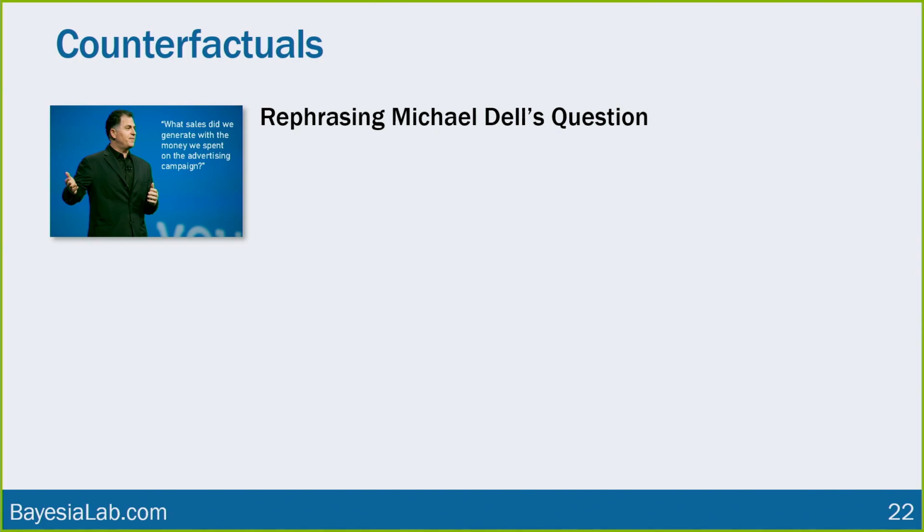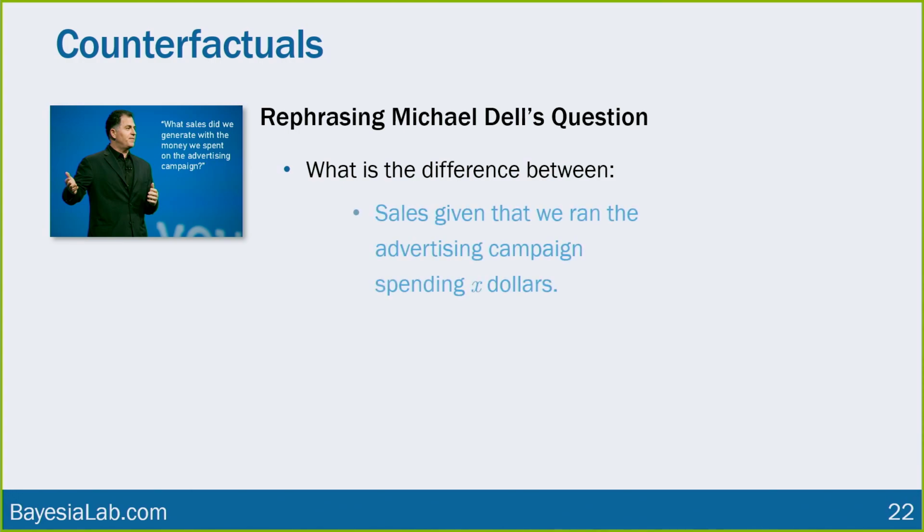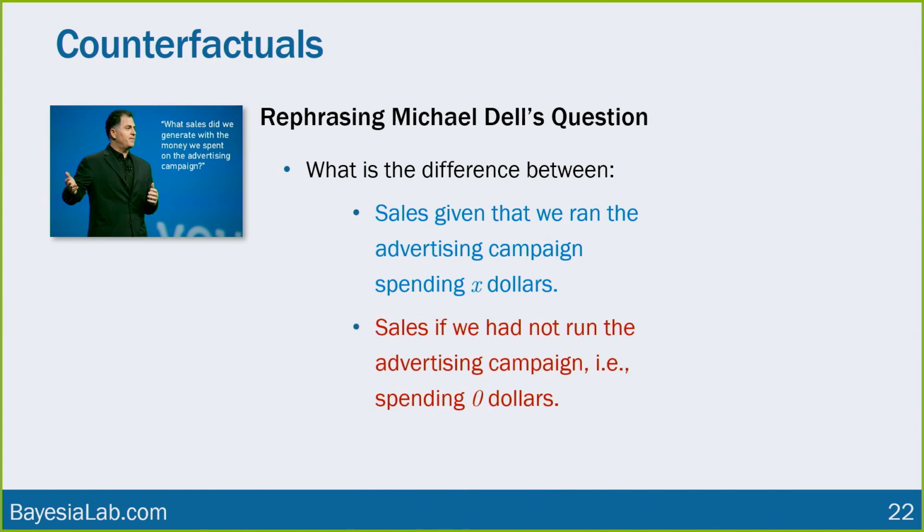What I think he is really saying is he's trying to establish the difference between the sales that occurred given that we ran the advertising campaign spending X dollars, and sales had we not run the advertising campaign, meaning that we spent $0.